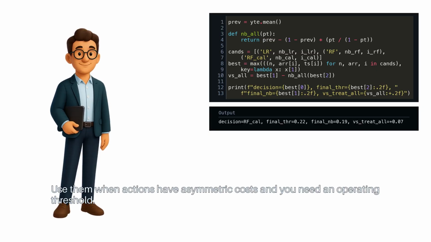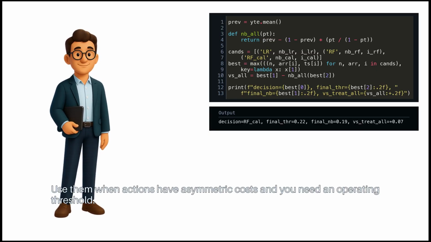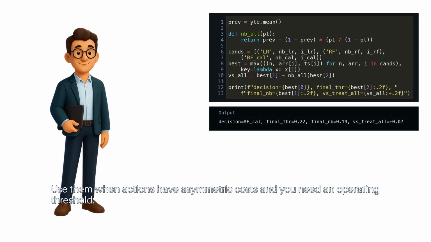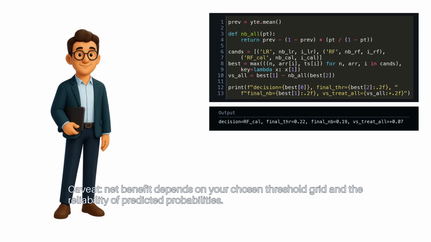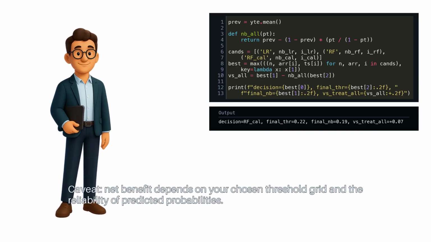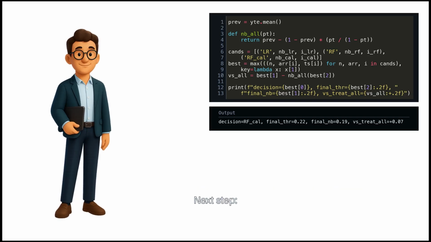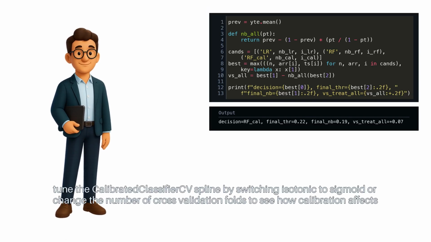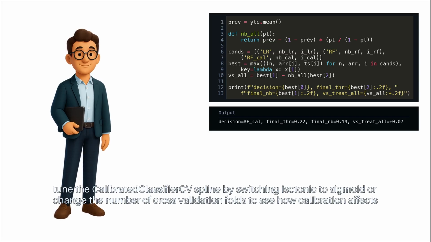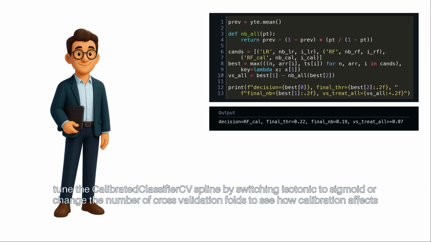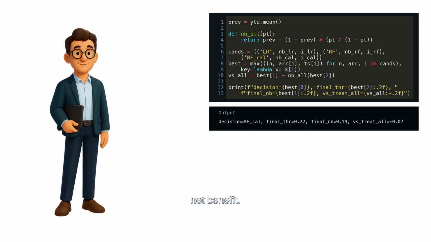Use them when actions have asymmetric costs and you need an operating threshold. Caveat: net benefit depends on your chosen threshold grid and the reliability of predicted probabilities. Next step: tune the CalibratedClassifierCV by switching isotonic to sigmoid, or change the number of cross-validation folds to see how calibration affects net benefit.